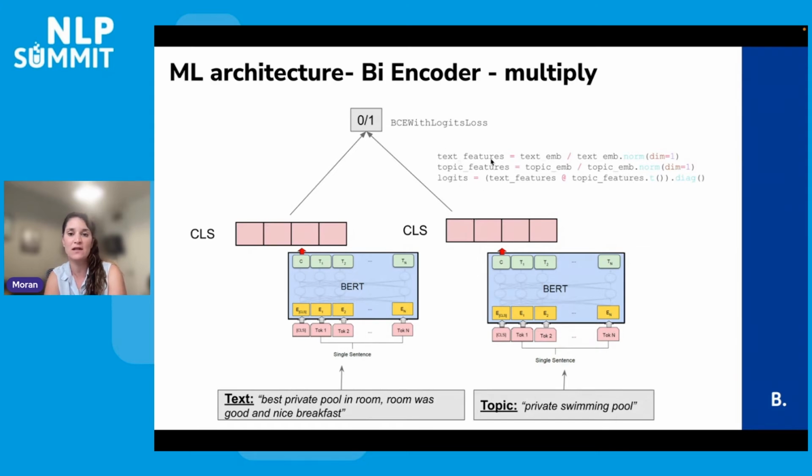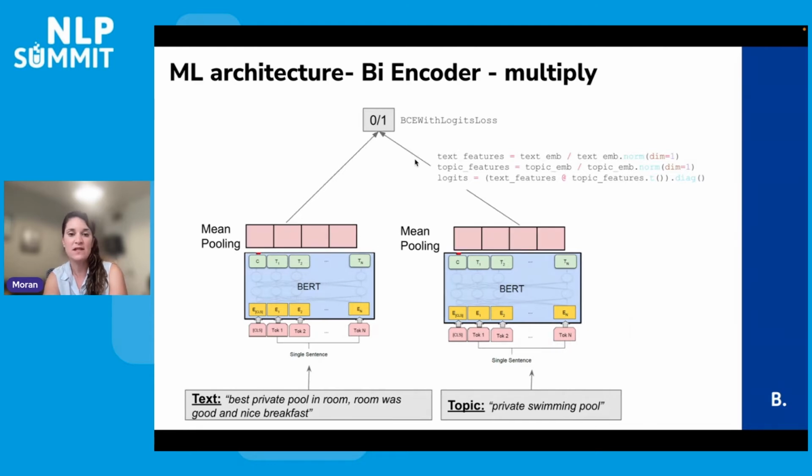One is to calculate the cosine similarity, and this will be the loss function. So we will normalize each one of them, and then we will multiply them, and this is how we get the cosine similarity. And then we have the positives and negatives, and we want each one of them to be optimized with the binary cross entropy.